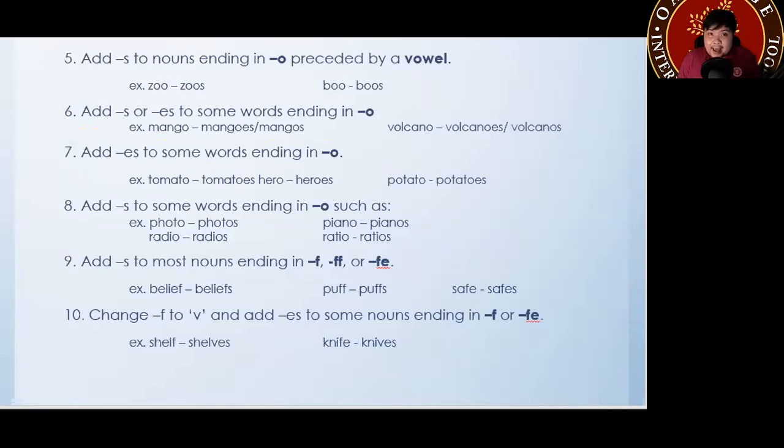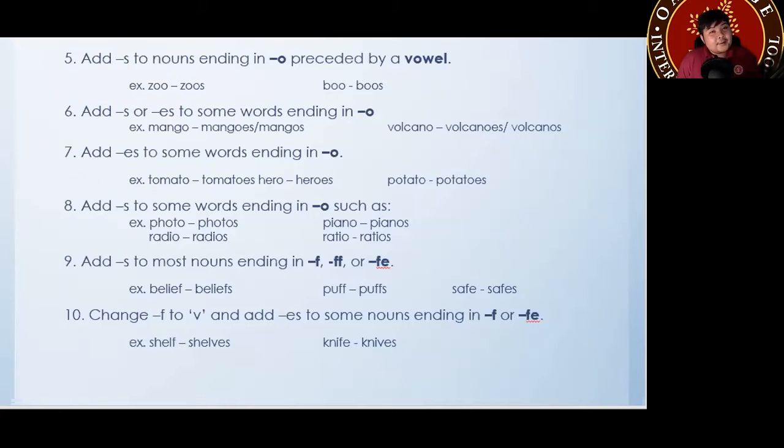You just have to add S. But rule number six, add S or ES to some words ending in O. Certain words that end in O, you can either add ES or S. For example, mango, mangoes can be either mangoes or mangos. Volcanoes can be either volcanoes or volcanos. Both are fine.